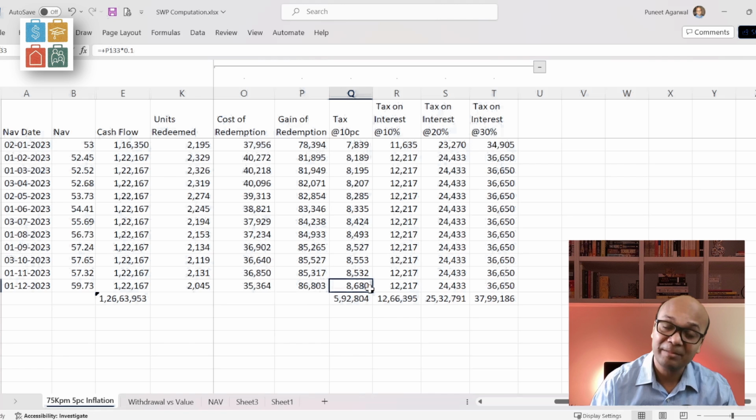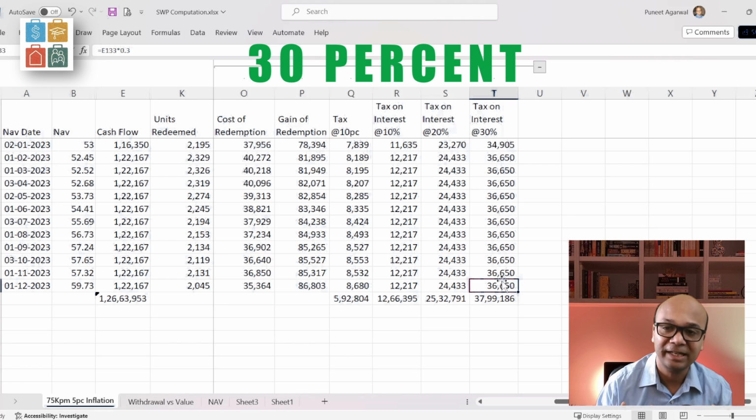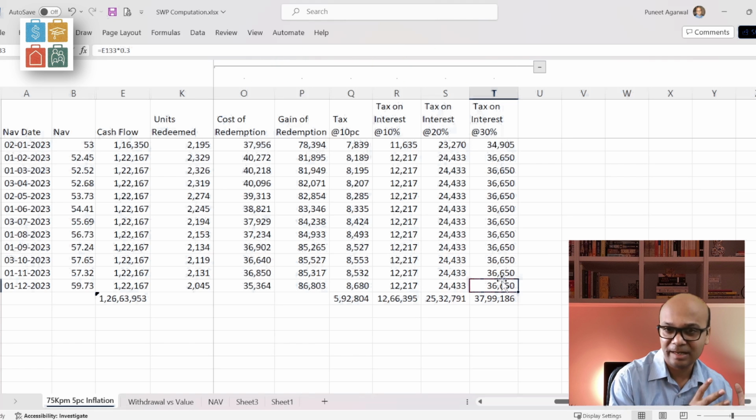So your tax liability was only 8,600. While here, the entire 1.22, even if you are at the 10% tax slab, would be subject to 10% tax. So even at the lowest tax slab you are paying higher tax than with SWP. And if you are on the highest tax slab, you end up paying 30% of 1.22 lakhs, as illustrated in the example.